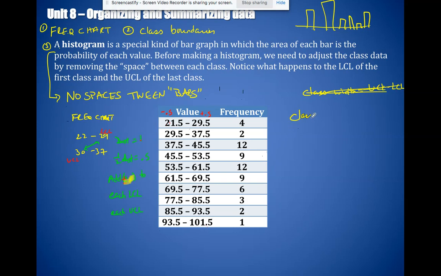That's the class interval. The class width, right? To find the class width, it was your range divided by the number of classes you want.